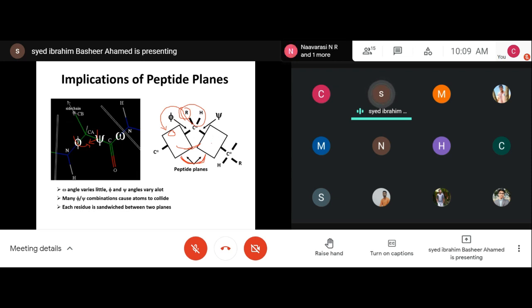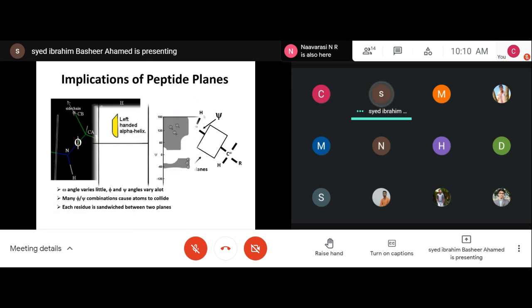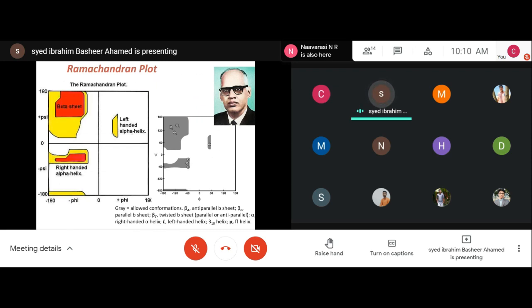Or if you rotate over here, this R and the oxygen may have steric clashes. Or the next residue's R may come closer to this R in three-dimensional space, which is not a favorable conformation. There will be steric clashes, so the polypeptide chain will not be stable. The extent to which you can rotate phi and psi is described by the Ramachandran plot.